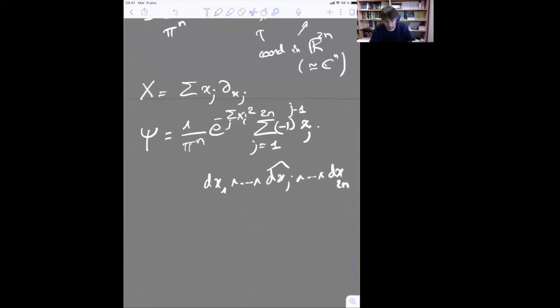So that is my psi, and now I can compute eta.